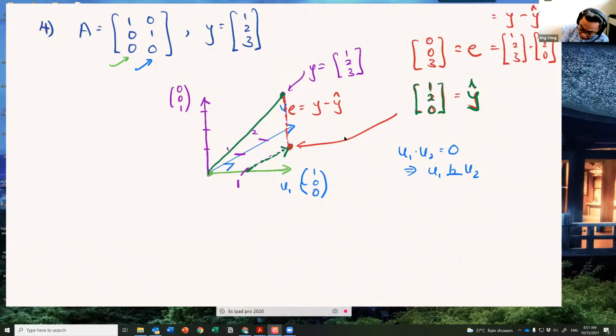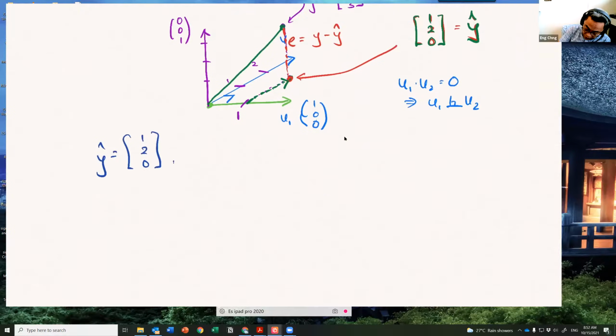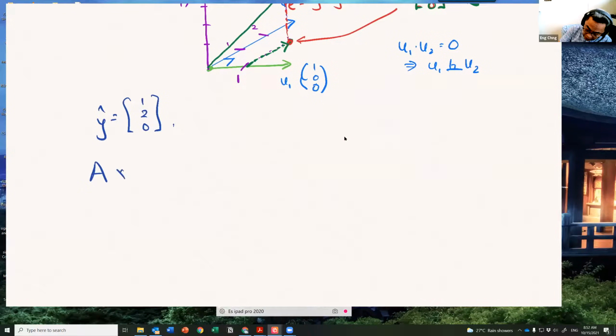Now, we figured out what Y hat is, guys. Y hat equals 1, 2, 0. So what is X hat? A X hat equals Y hat.